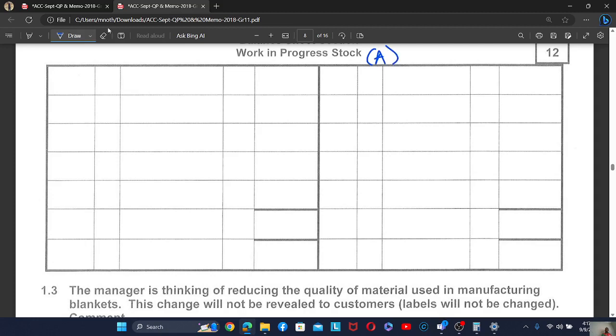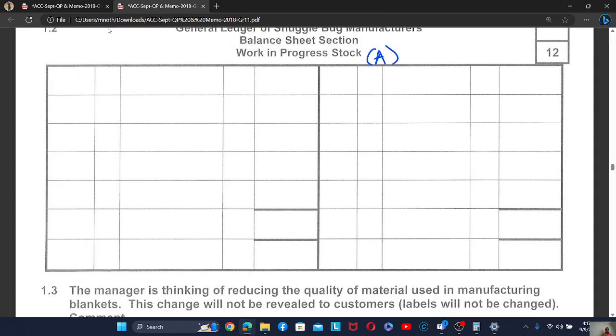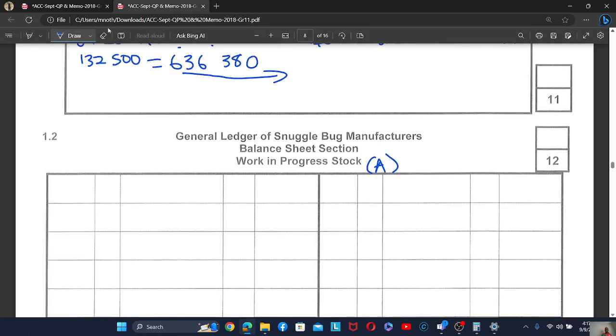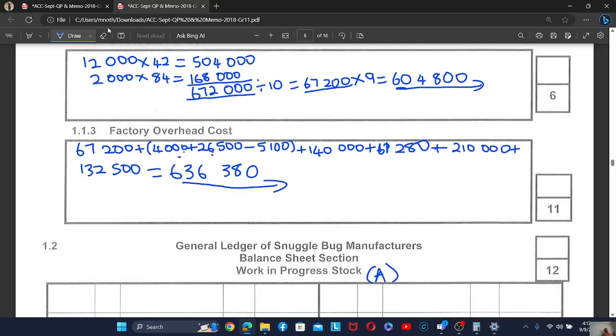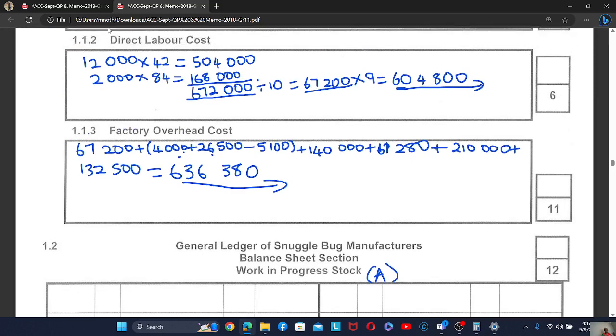So the factory overhead cost, that's an expense, isn't it? Overhead cost is an expense. Actually, it's not an expense, but it's just the cost. Does it increase on the debit side or the other side?